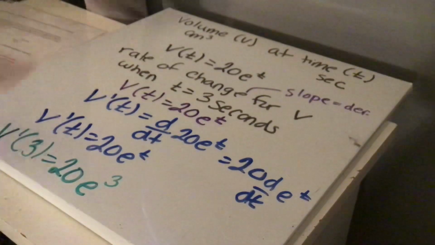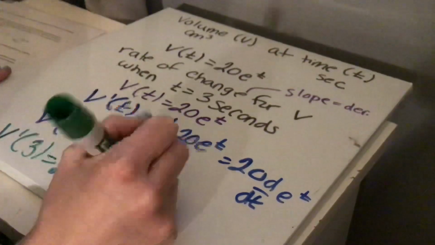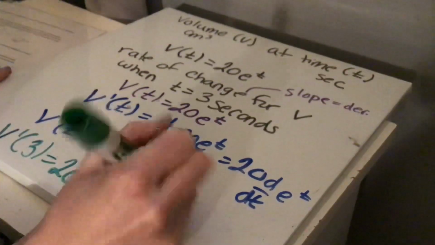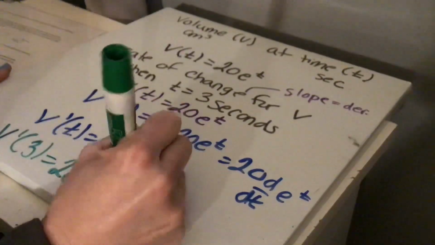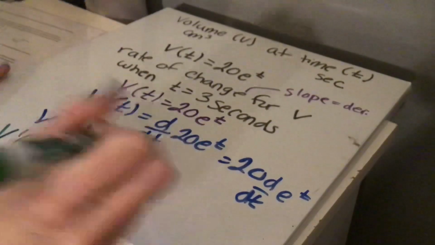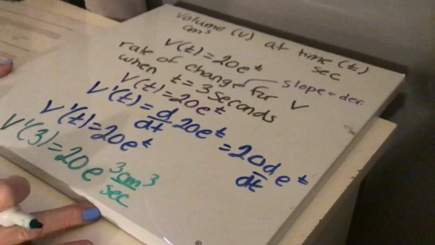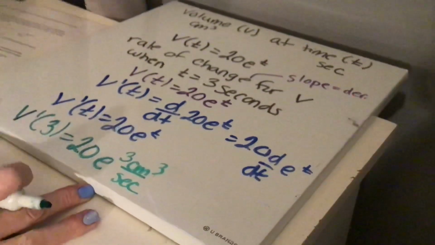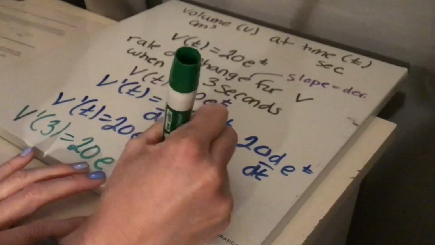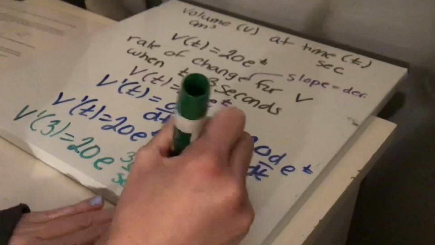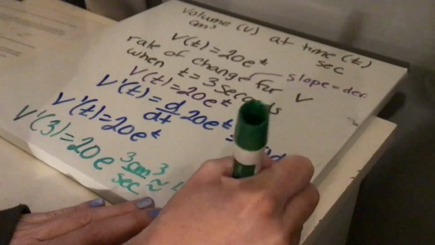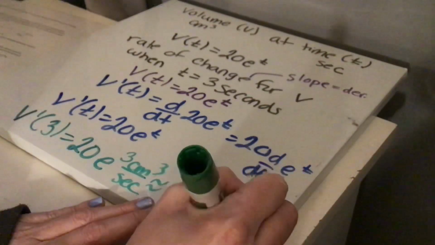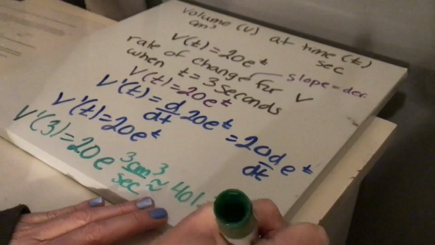Time is always our horizontal, so this is going to be centimeters cubed per second. We could use a calculator to figure out what 20 e to the third is. So you get that the rate of change of the volume is going to be 401.7107 cubic centimeters per second.